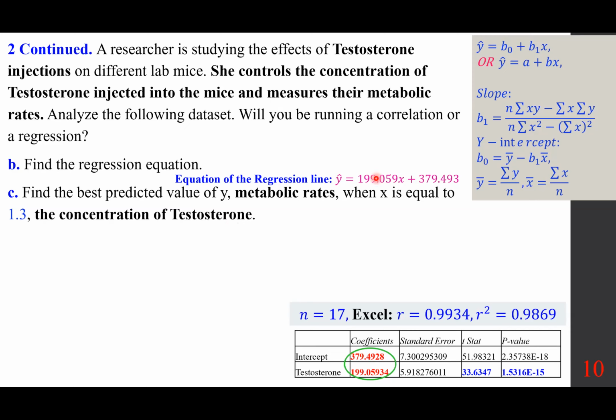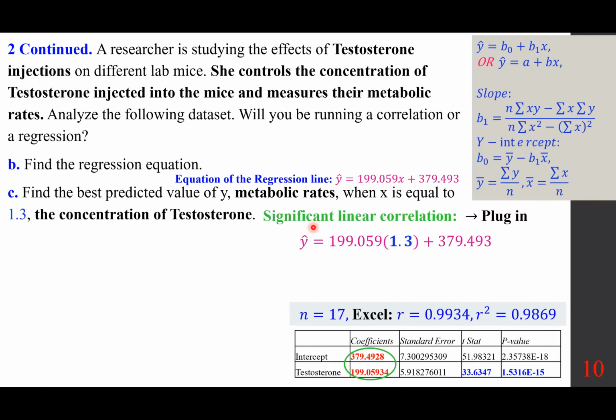So into this formula, the regression line, we plug in 1.3. So I want you to distinguish between this question and the previous one, and why we plug in 1.3. Significant linear correlation, plug in whatever number they gave you. And that results in 638.2697.